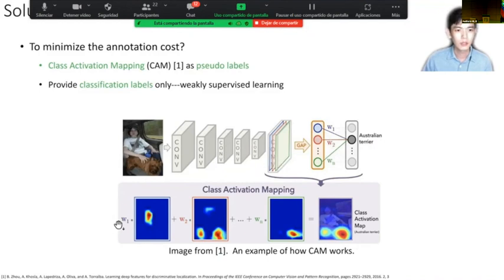So as you can see, the weights multiplied by the feature maps, and if we sum them all up, we will get a final attention of this model as it is making a certain decision. So in this case, the model is actually looking at a dog and then making a corresponding decision.